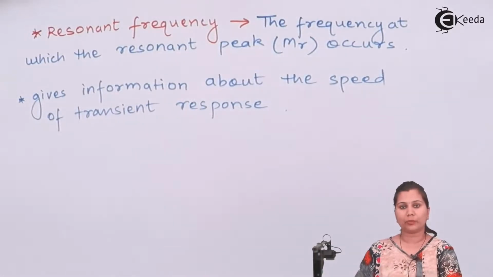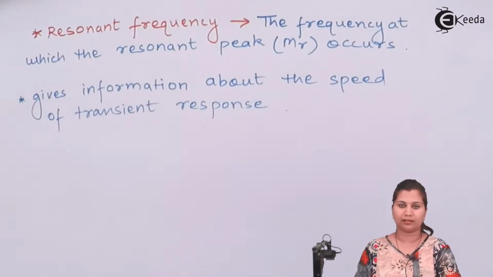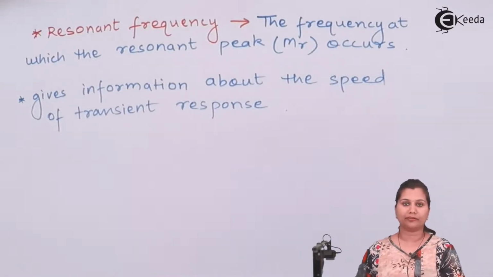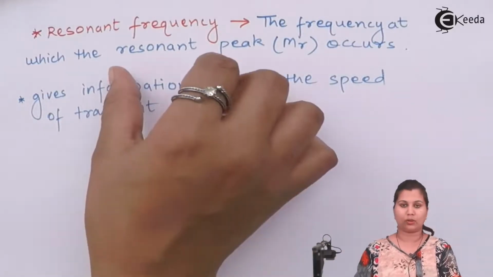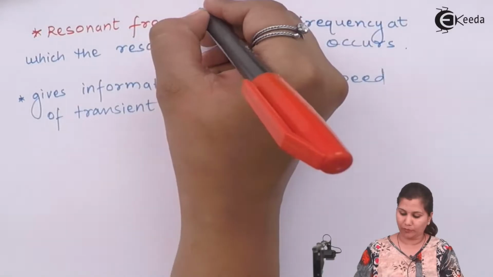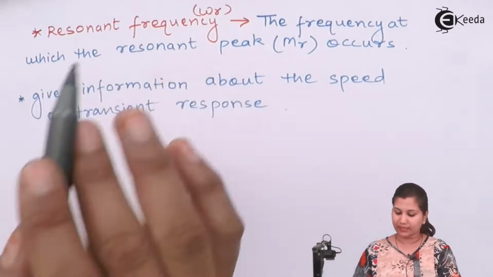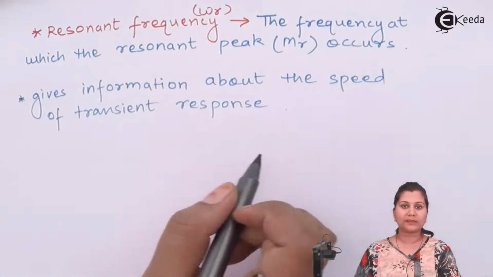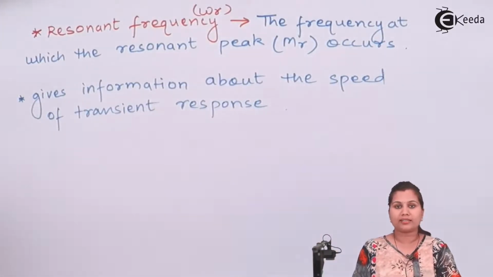The resonant frequency is the frequency at which the resonant peak occurs. That is, the frequency at which Mr occurs is called the resonant frequency, and it is represented by ωr. This resonant frequency gives us information about the speed of the transient response, that is, how fast the response of the system is.